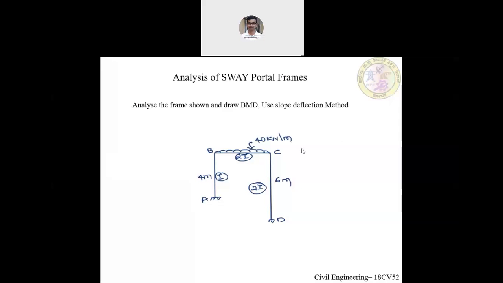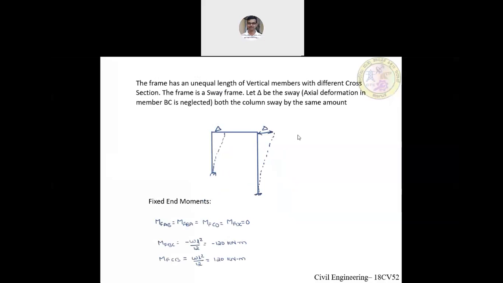Now, in order to solve this problem, we will be considering a sway of an amount delta, by neglecting the axial deformation of the member, and we'll assume that this delta is the same for both the columns. This amount of delta, whose value needs to be calculated, is an unknown value.